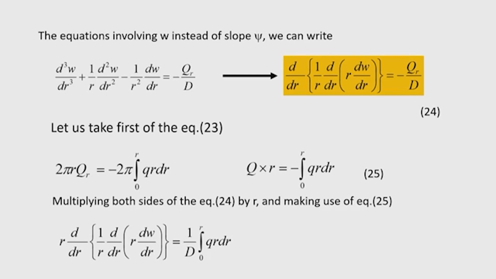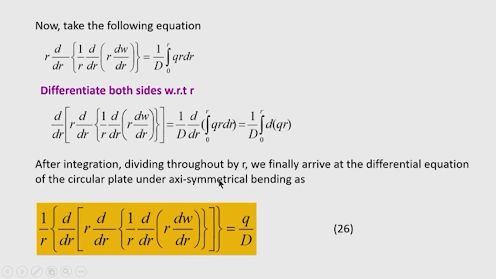So, this is equal to minus 2 pi integration 0 to r q r dr. Multiplying both sides of equation 24 by r, and making use of equation 25, we can write this in this form. Now, my intention is to remove the term q r and write it in terms of the load small q. So, we have written like that now.